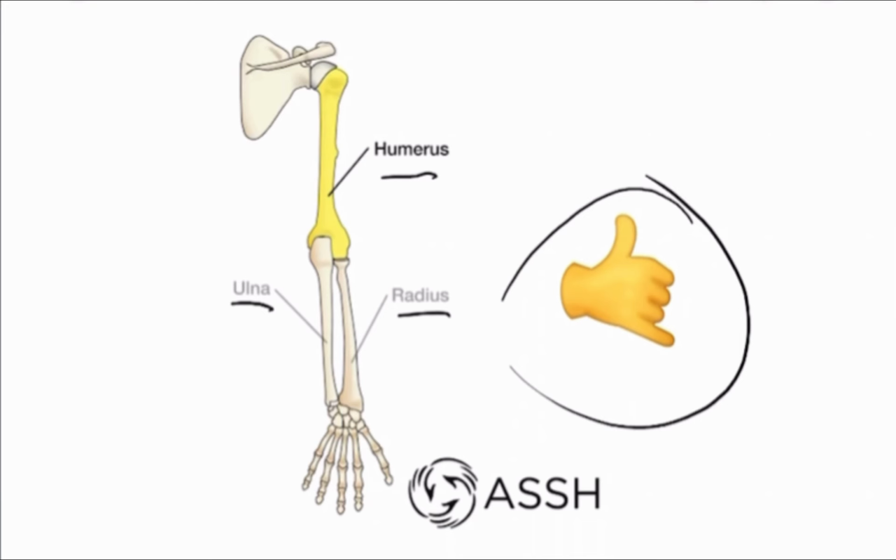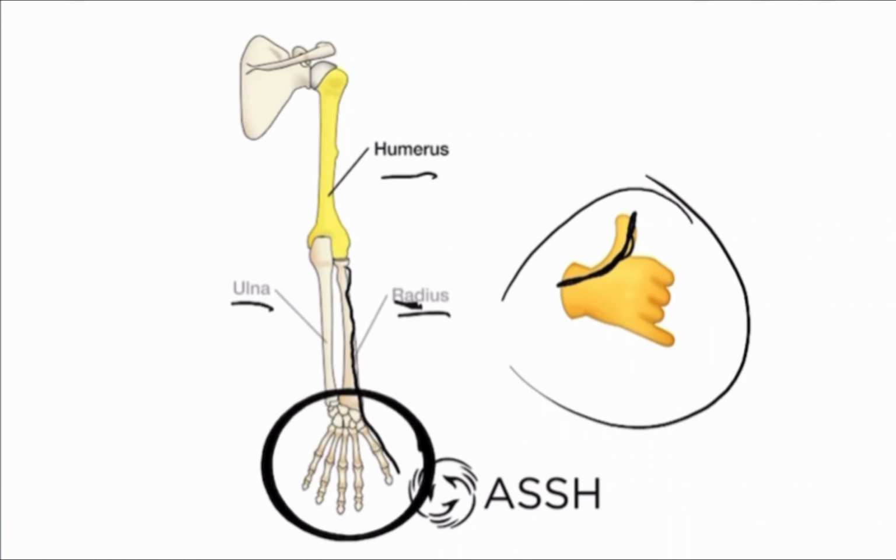So radius has rad in it, so you can see the radius connects to your thumb right here. I don't know how to explain it, but it helped me. And then you have your hand bones, but I'm pretty sure Tim will go more in depth on that, so I'll let him do that.